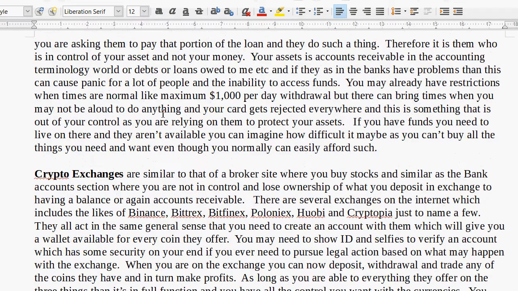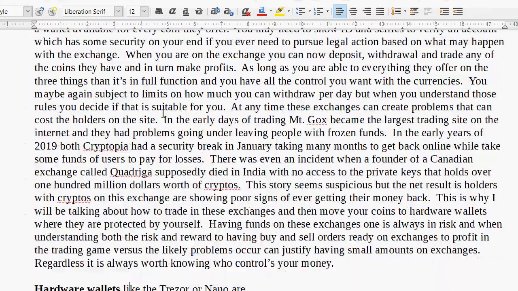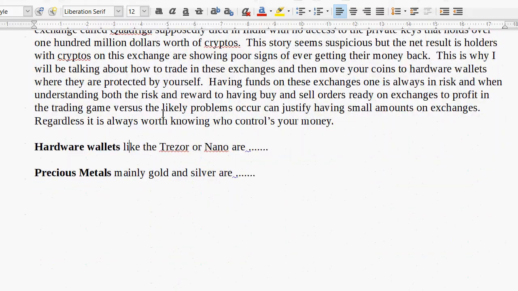Because if you read this, bank accounts and crypto exchanges, I'm talking a lot about how it's not yours, but I mean, you have access to what is technically yours. It's just not the cash, it's accounts receivable.